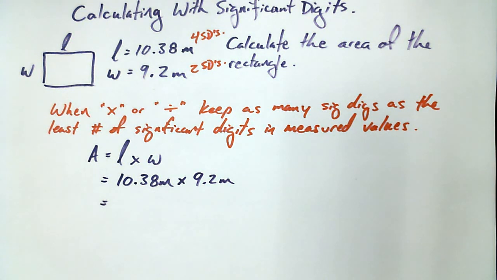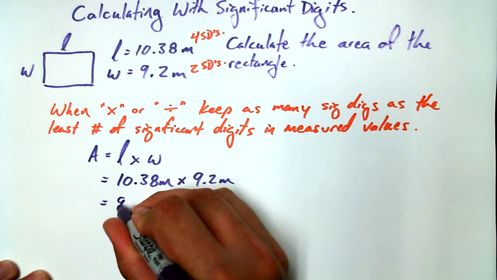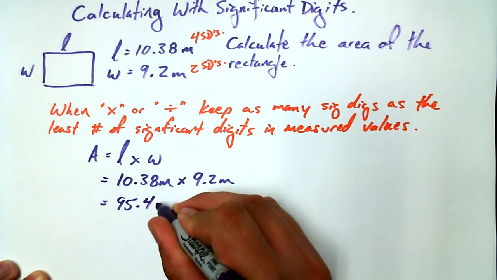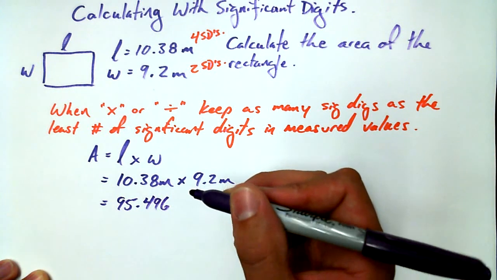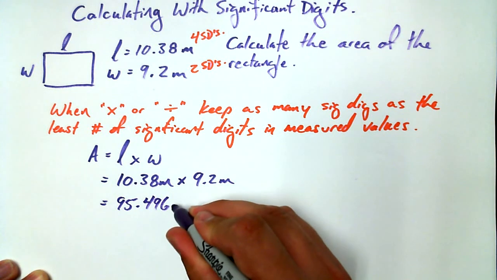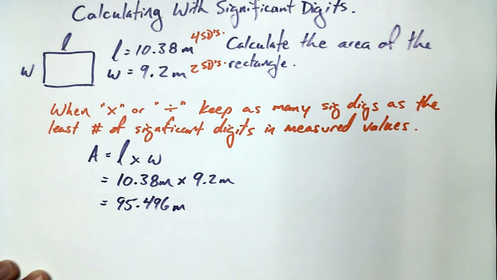What's 10.38 times 9.2? Let's go ahead. 95.496. Is there anybody that wants to second that motion? All right, motion carries. What are the units?